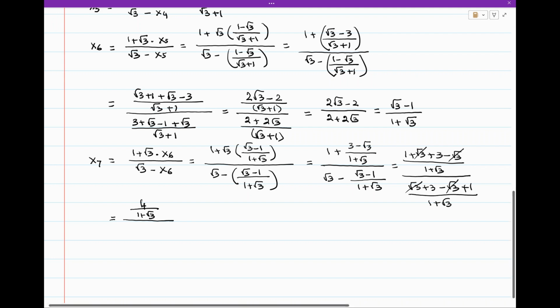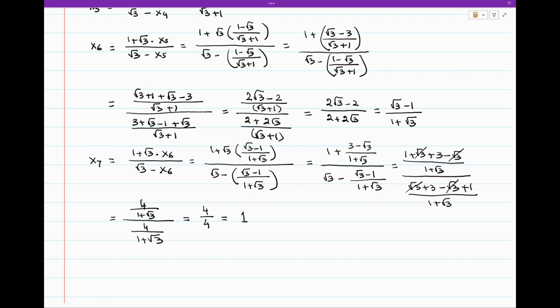It will become 4 divided by 1 plus square root of 3. And this 1 plus square root of 3 at the top and 1 plus square root of 3 at the denominator, both will cancel out. So we get 4 divided by 4, and that is equal to 1.